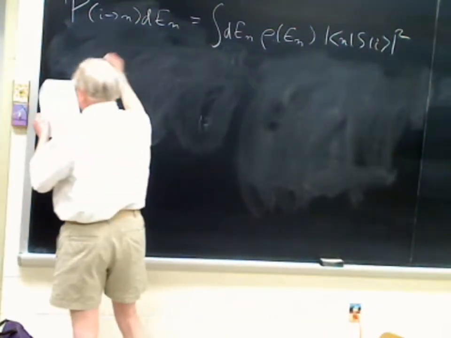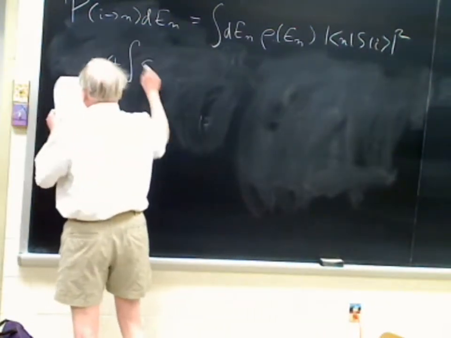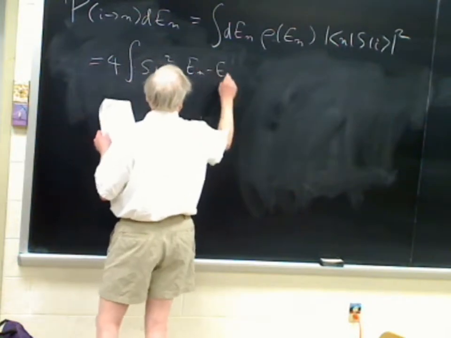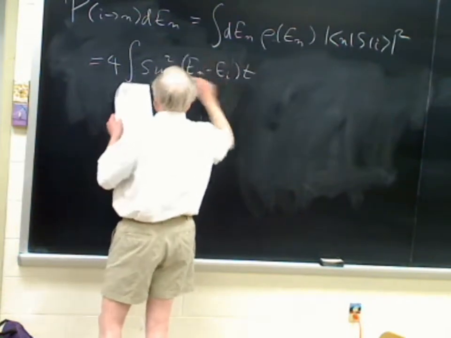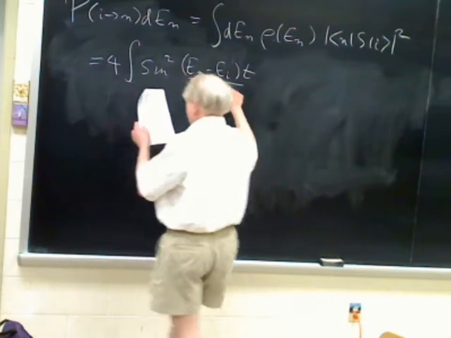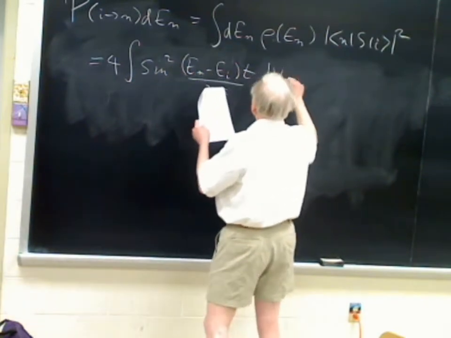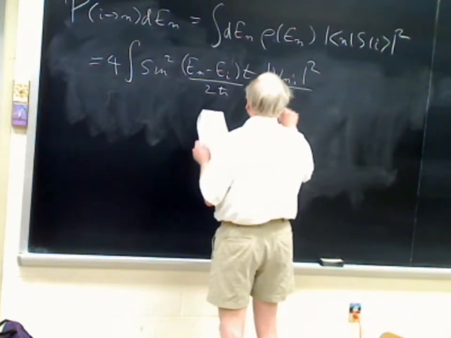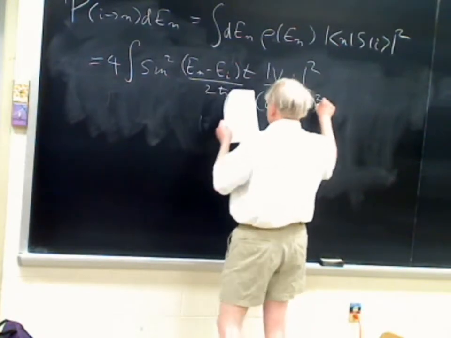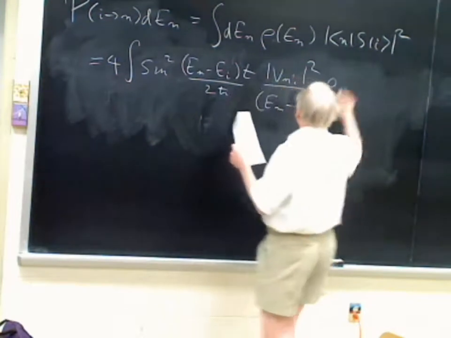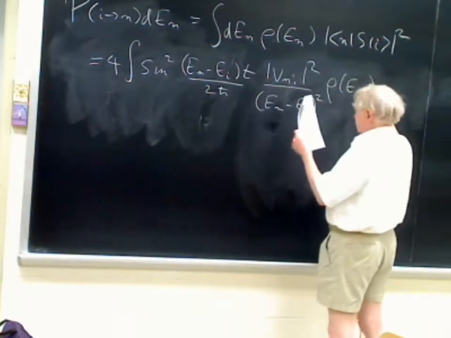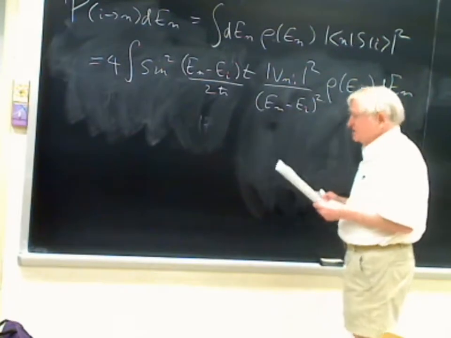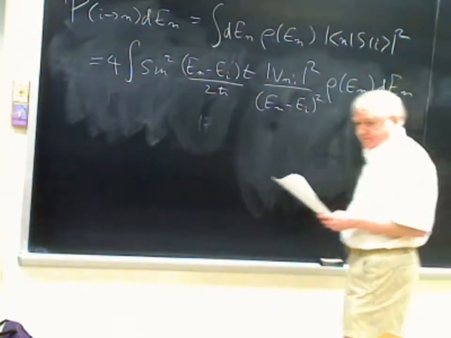That's equal to 4 integral sine squared of (En minus Ei) t over 2 h bar, |Vni| squared over (En minus Ei) squared, times rho of En dEn. And rho, as I said, is the density of states.